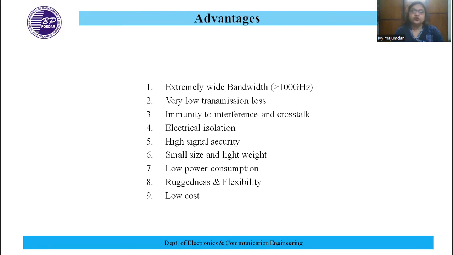And if we put two fibers side by side, optical interference is negligible. Hence, this fiber communication system can be used in electrically hazardous surroundings, and also it can be used for less crosstalk. Then, high signal security.